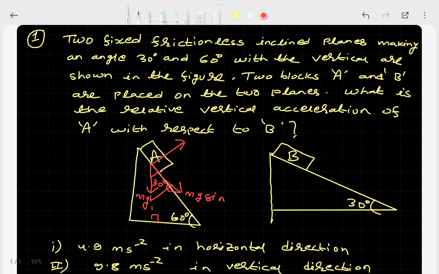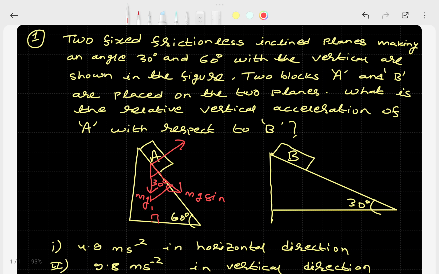If you are confused, you can write cos 60, maybe that way will be better. But in the general trend, along the plane we use sine, and perpendicular to the plane we use cos, but don't take it for granted.